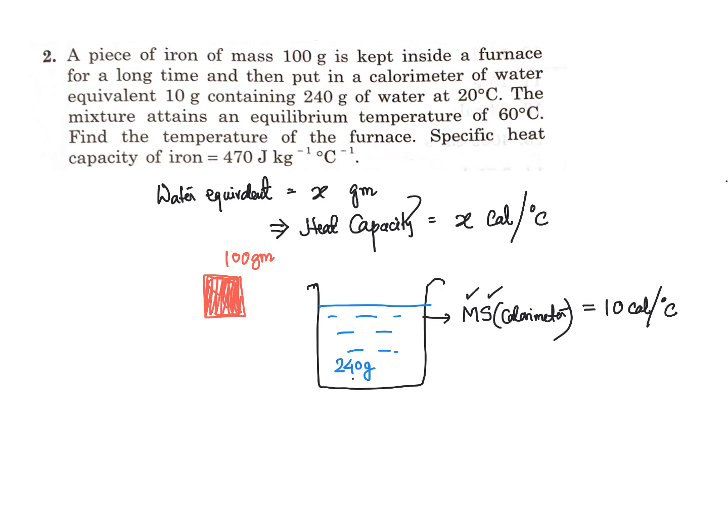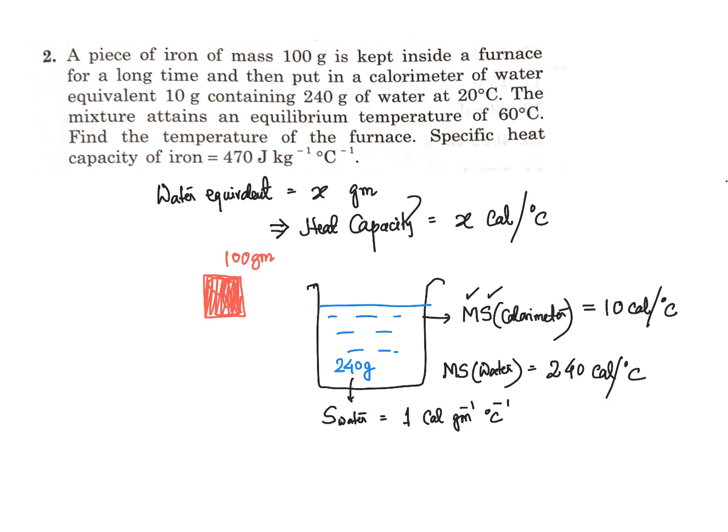That means water has specific heat how much? Specific heat of water is 1 calorie per gram per degree Celsius. So what is M into S of water? Mass into specific heat for water is equal to 240 calorie per degree Celsius.